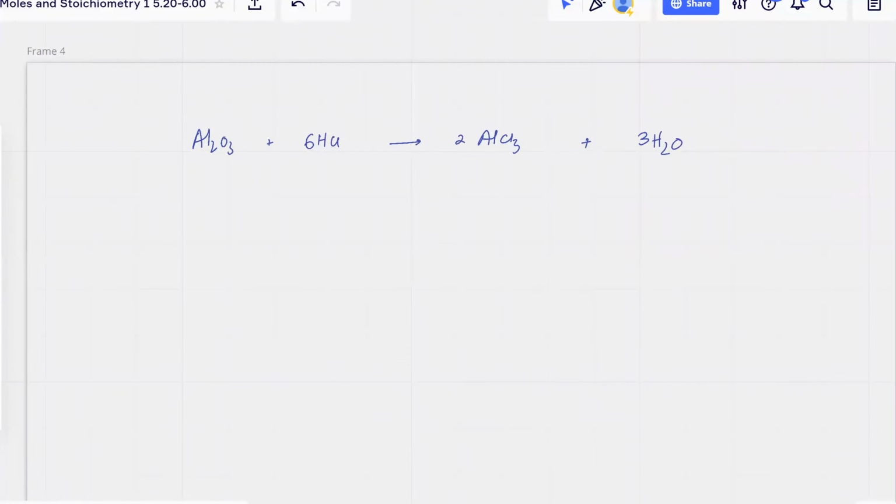Okay, I know the moles of this, let's say 1.5 moles. So to figure out the moles of the others, 1.5 divided by 6 into 1, so what will come? 0.25. So you're getting 0.25 moles of this.